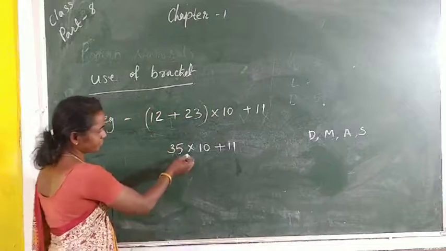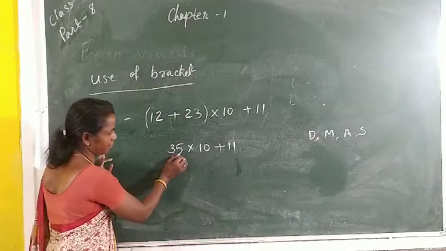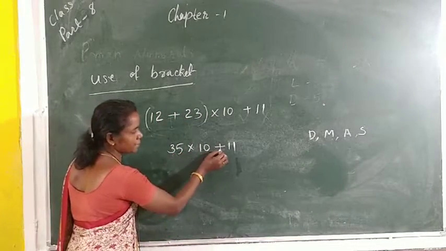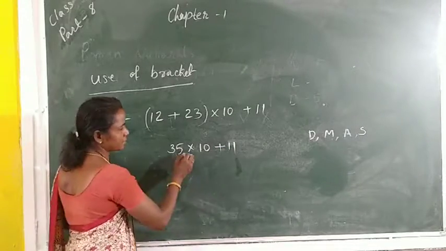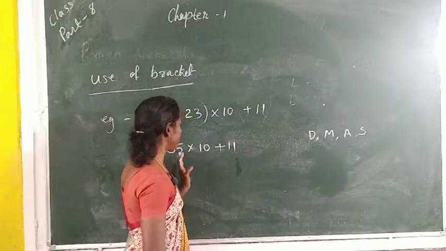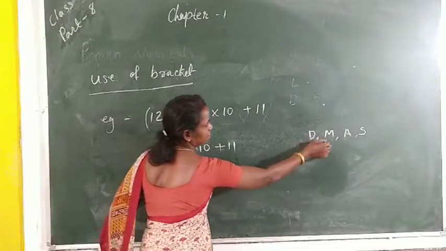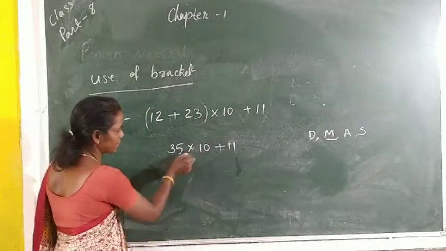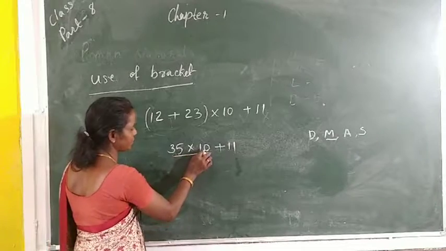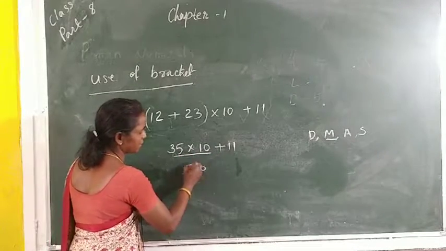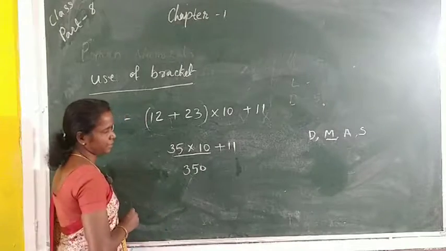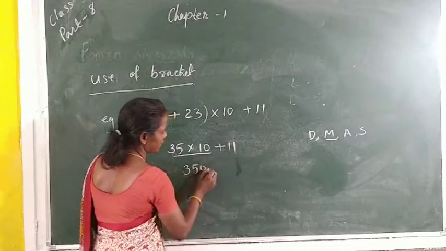Here we have 35 multiplied by 10 plus 11. Which operation do we do first? Division first, but division is not here. Then next, multiplication: 35 into 10 is 350. Then next, addition.